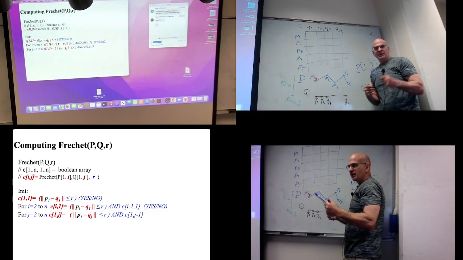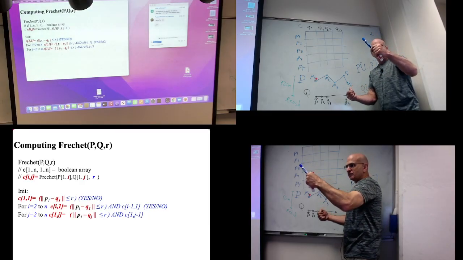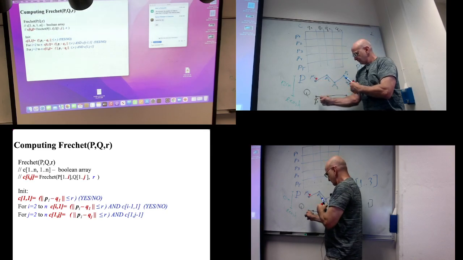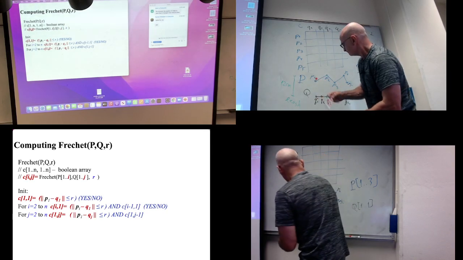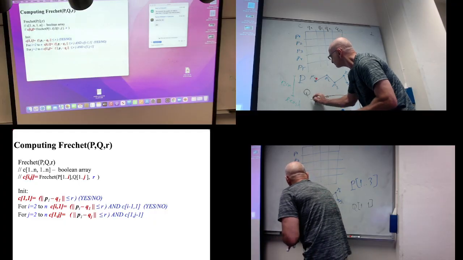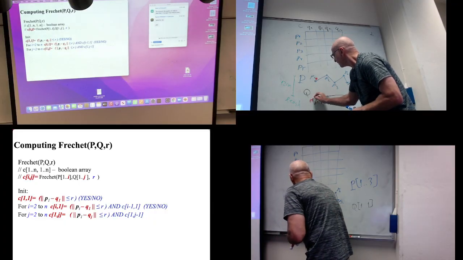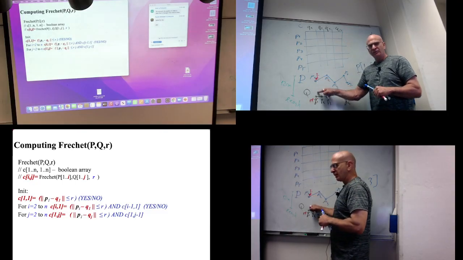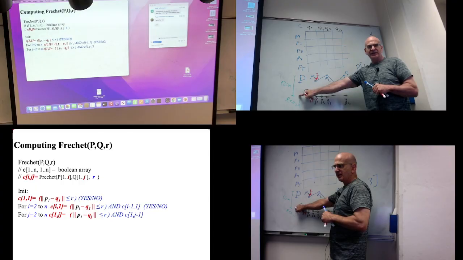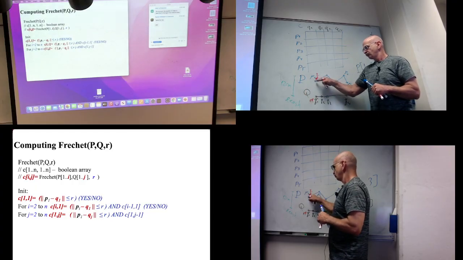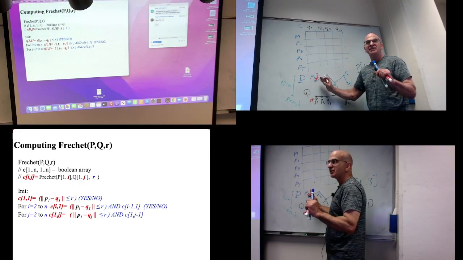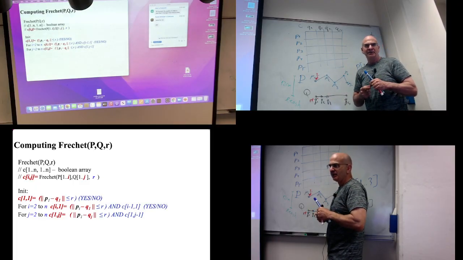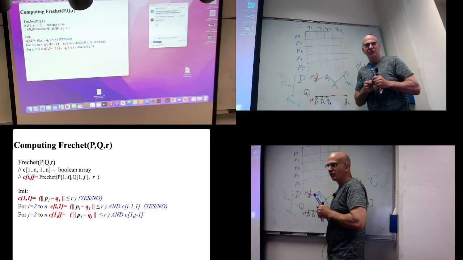Everybody agrees? The person can stand here, the dog can be here, and the person will hold the dog with a leash of 12 centimeters, and that's fine for this trip, the trip at which they end at Pi and Qj, in this case.